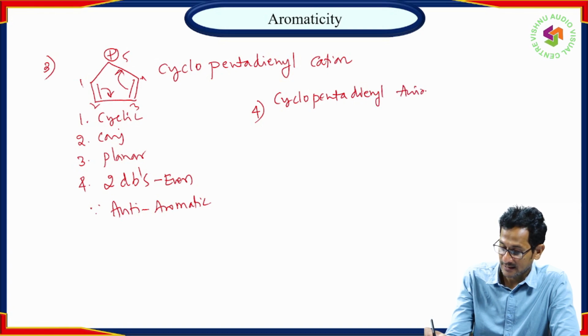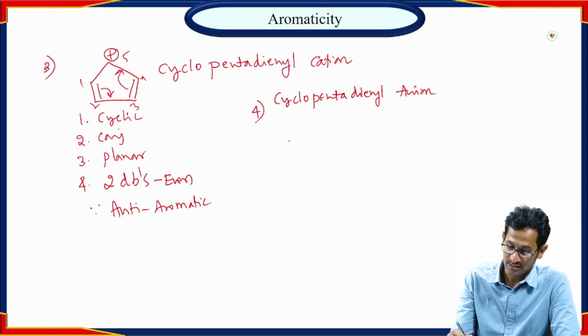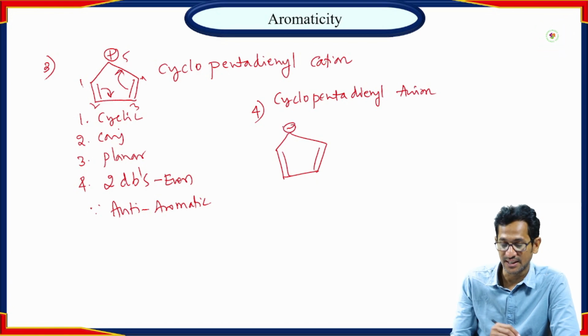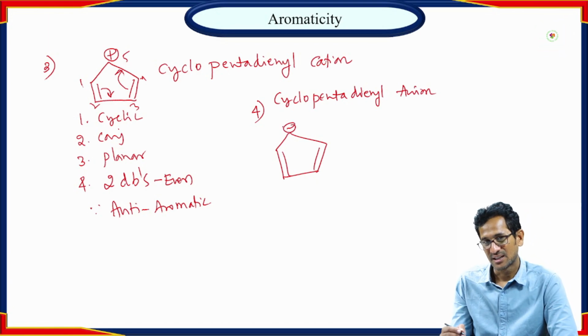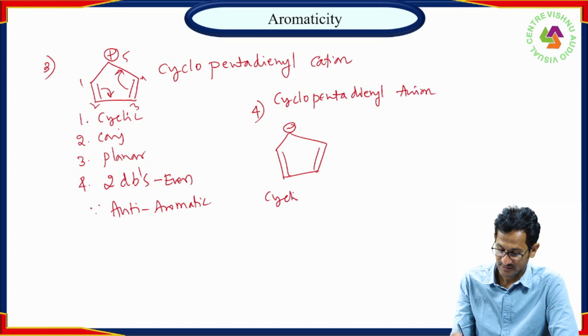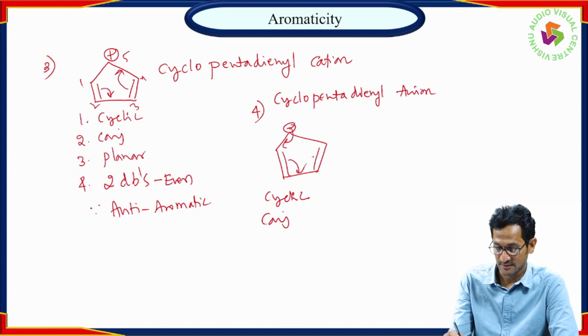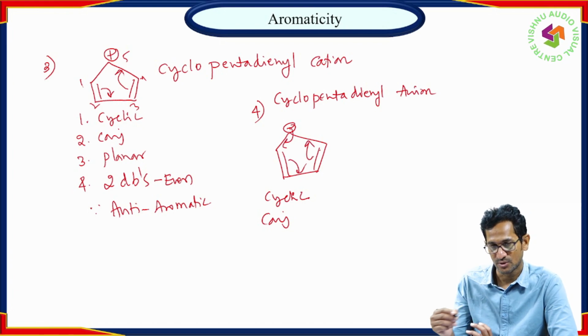Next, fourth one, cyclopentadienyl anion. Previously we discussed the cation. Now we discuss the anion. Right? So cyclic structure, 2 double bonds, 5 carbons with an anion, negative charge. Cyclic, conjugation is there throughout the ring.